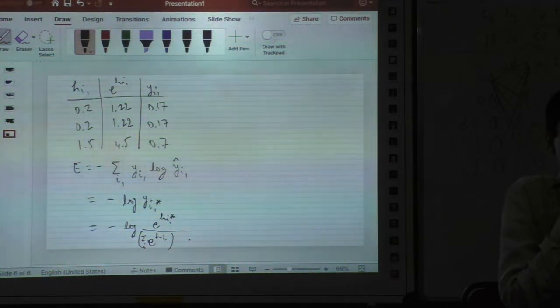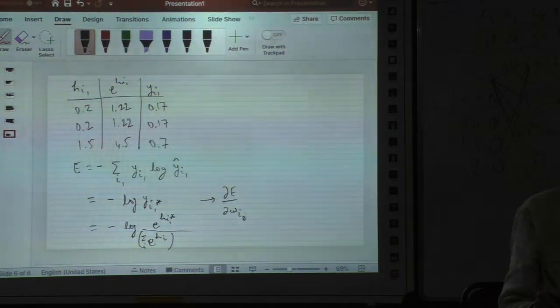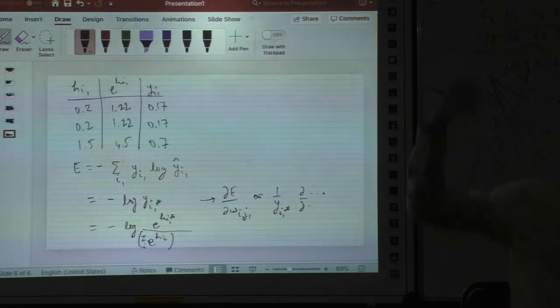If you take the derivative, what will you find? Let us consider dE upon dW, sorry, i naught i1. This will be proportional to 1 upon y_i1 star, and then the derivative of the further terms which are also there in the other thing.